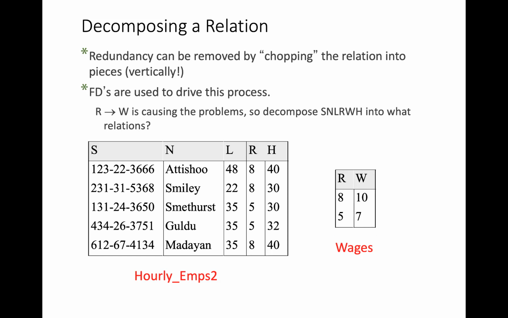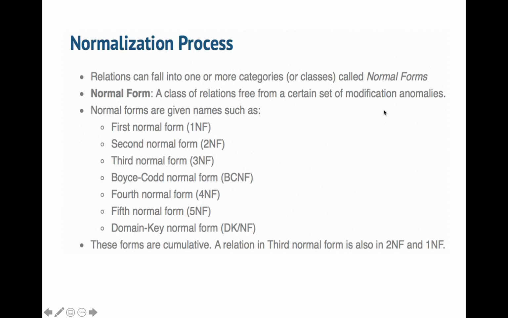It's not really a problem, but we have to do more joins, more tables, and this is going to affect the performance. So the solution is decomposing it into a separate relation. We split it vertically, which means we create another relation.